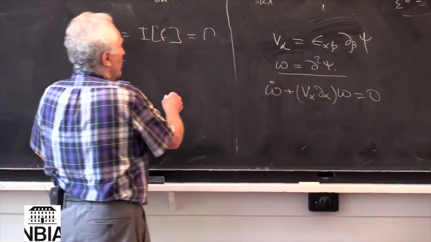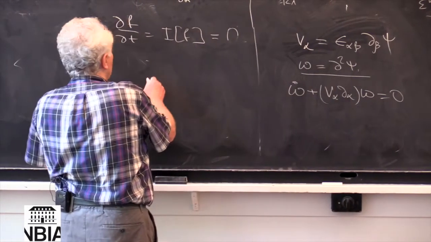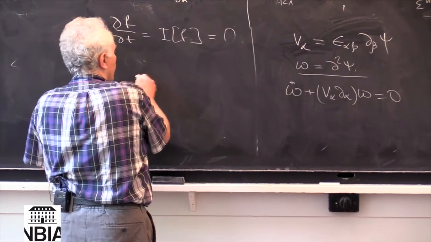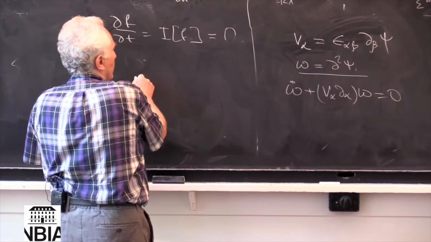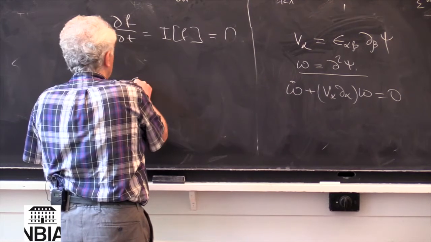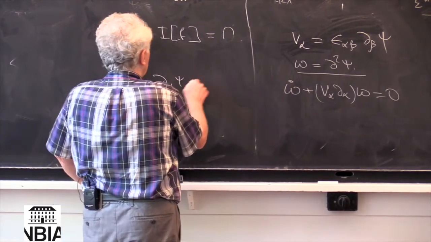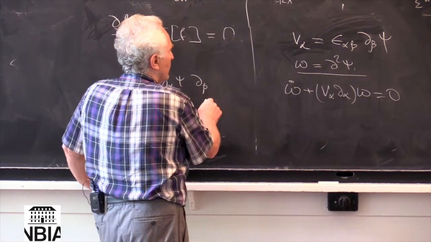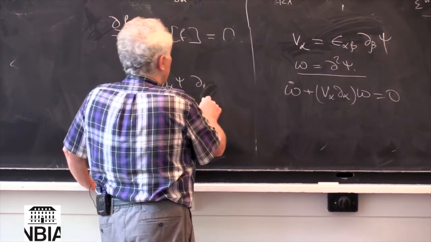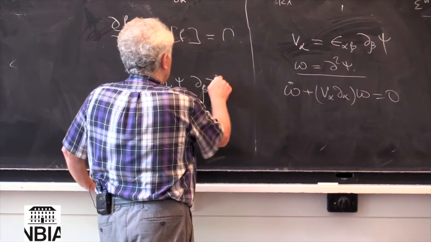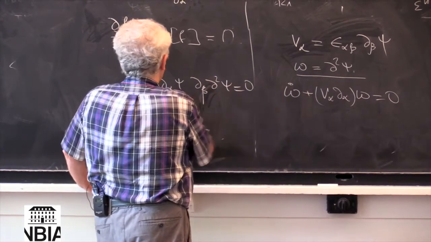Well, you see, we have the equation. The steady state equation would be something like epsilon alpha beta d alpha psi d beta d beta d square psi is equal to 0.